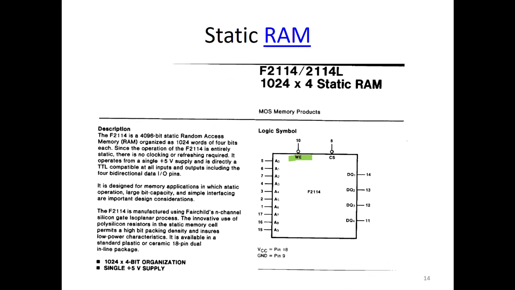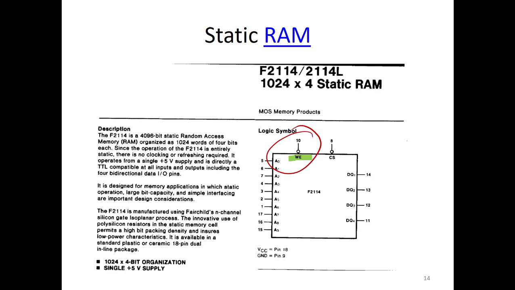An actual data sheet for a static RAM could be found if you did a search for the 2114. This one has 1024 separate 4-bit words. And so that one would give you a peek at actual RAM. And then notice that there is a write enable.